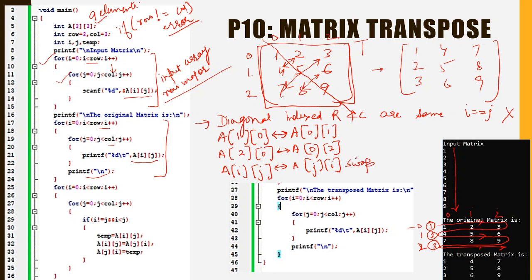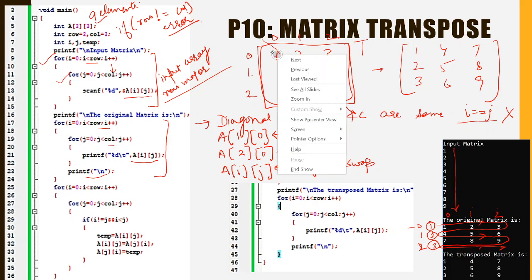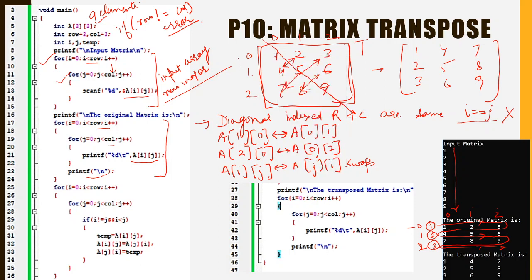For the case where I equals j, you don't need to swap. You only need to swap when I is not equal to j. If you start scanning like this, you will not interchange this, because here I equals j, that is 0 0, but you will do this for 0 1.